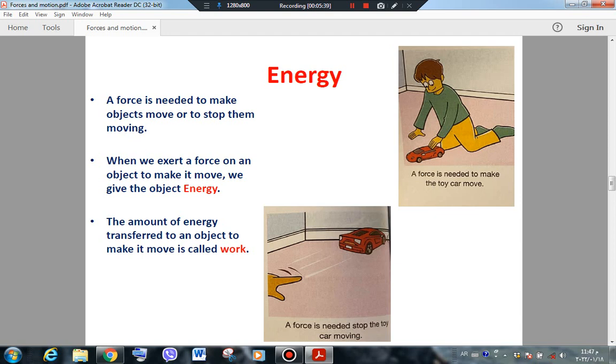The amount of energy transferred to an object to make it move is called work. So what do we call the energy that we give to the car? We call it work. So there's work done here in order to make the car move.